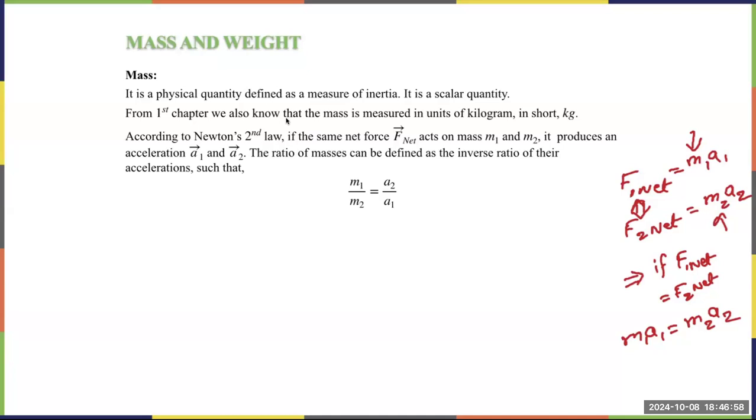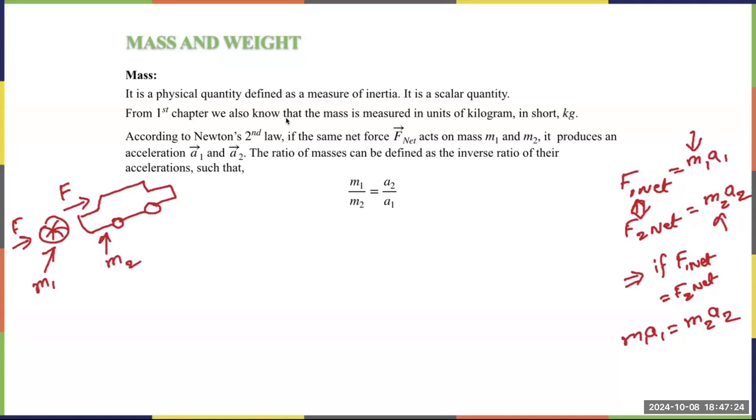What do I mean here? If there's a basketball and there's a car, and I'm applying the same amount of force, F, to the basketball and F to the car, right? And we know the mass of this basketball is m1, and the mass of this car is m2.